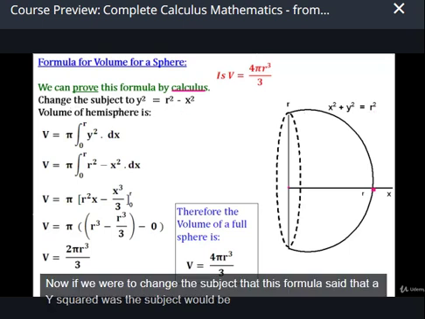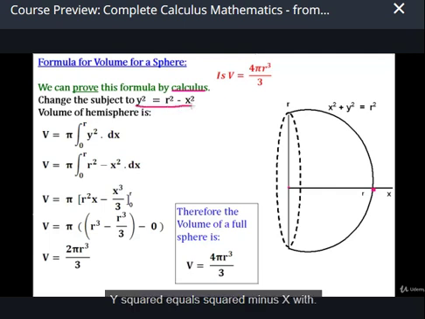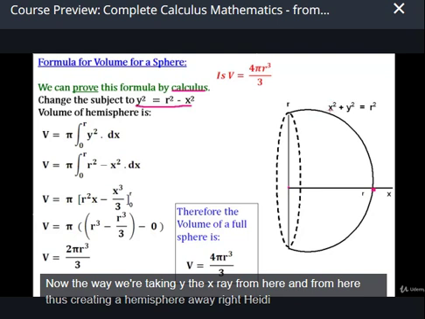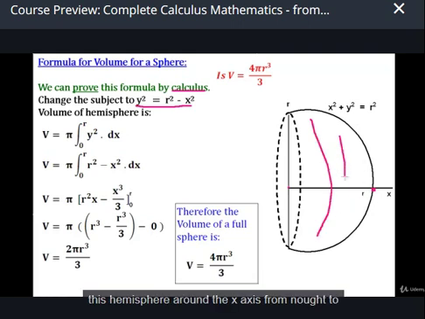Now, if we were to change the subject of this formula so that y squared was the subject, it would be y squared equals r squared minus x squared. In other words, we're taking away the x squared from here and from here, thus creating a hemisphere. And we're rotating this hemisphere around the x-axis from 0 to r.